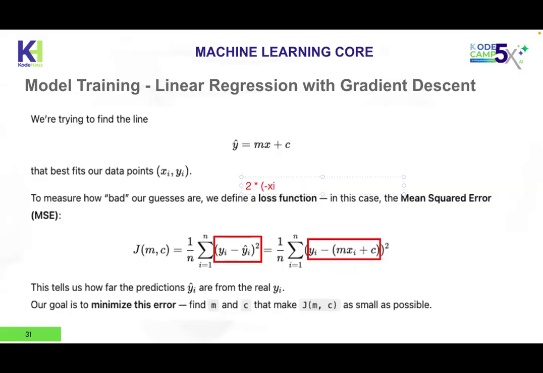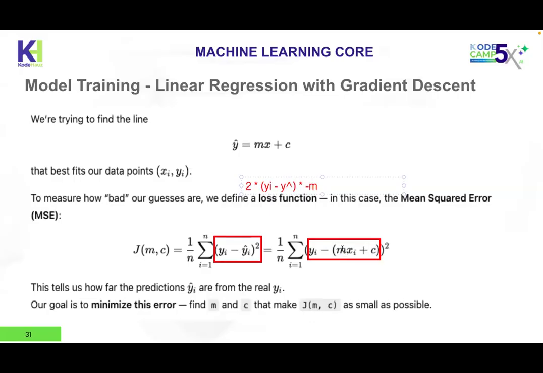And then the plus c doesn't depend on m either. Oh, I'm sorry. Yi minus y hat times m, basically. In fact, times minus m. Because that's a derivative of that anyway.